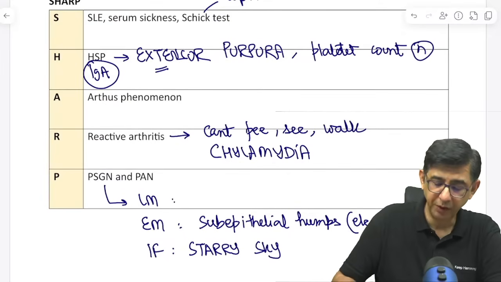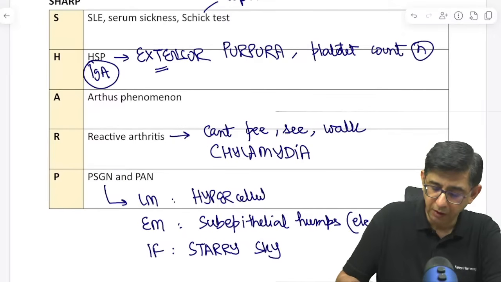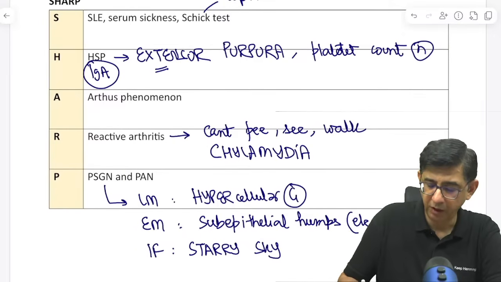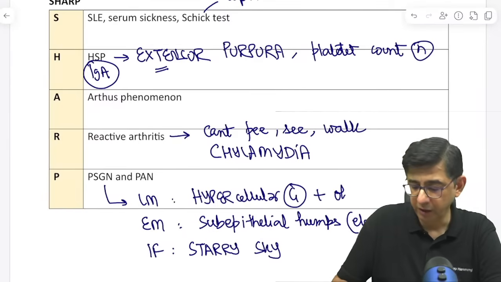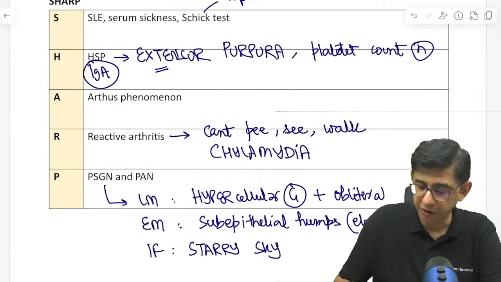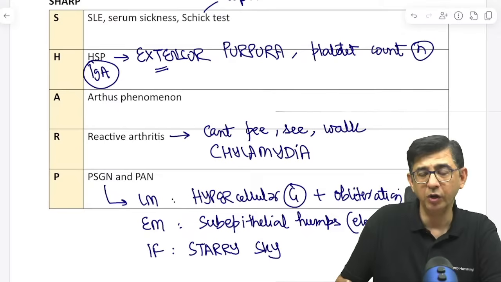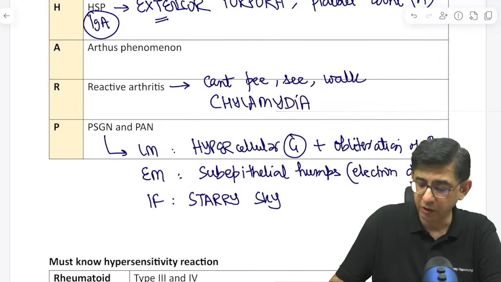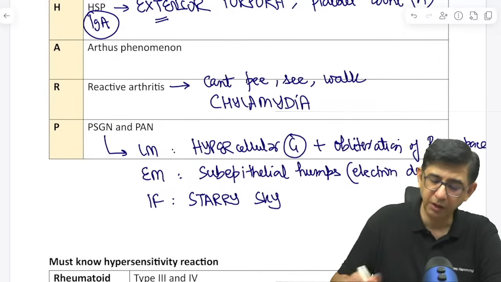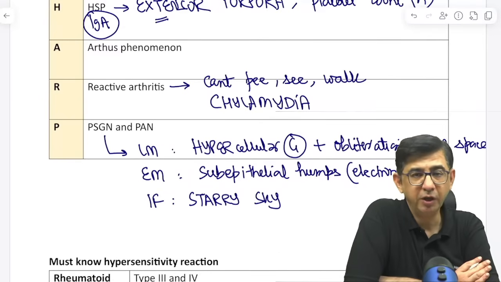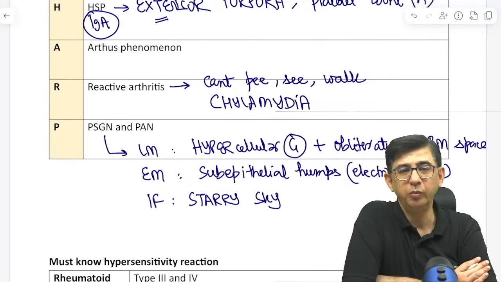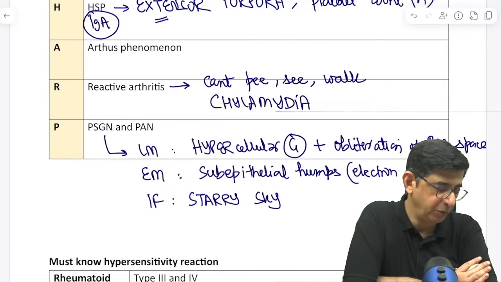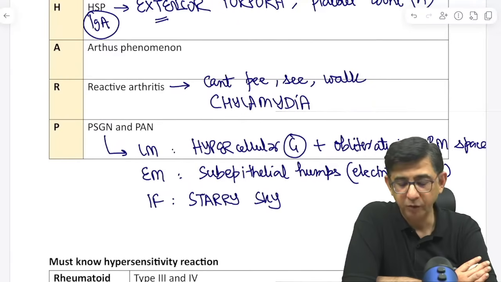The light microscopy in this condition would be a hypercellular glomerulus, along with obliteration of the Bowman space. Because of the obliteration of the Bowman space, oliguria and anuria happen here. So light microscopy findings would be hypercellular glomerulus, obliteration of the Bowman space. Electron microscopy would be subepithelial deposits, and then immunofluorescence is starry sky.